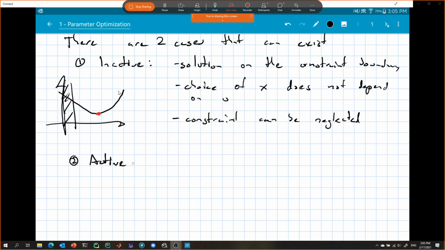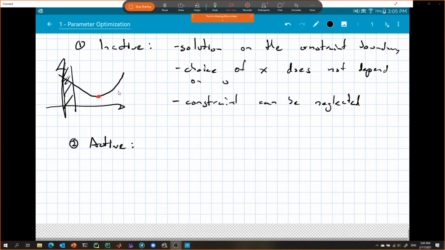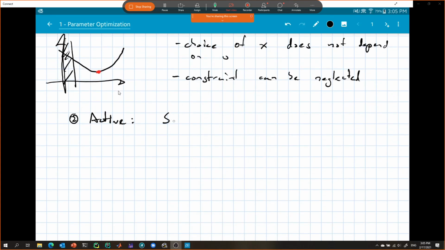Then we go to active, and it's the opposite of before. The solution is on the constraint boundary, and then the constraint can be treated as an equality constraint.